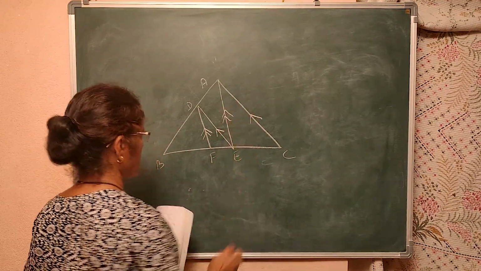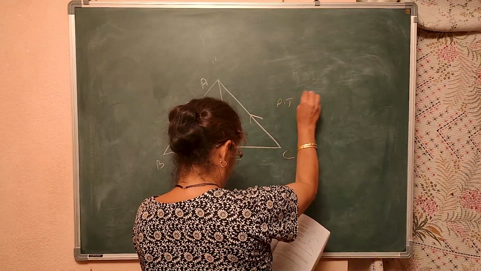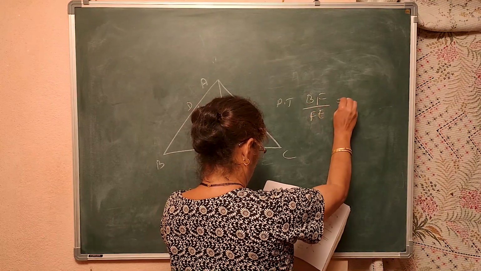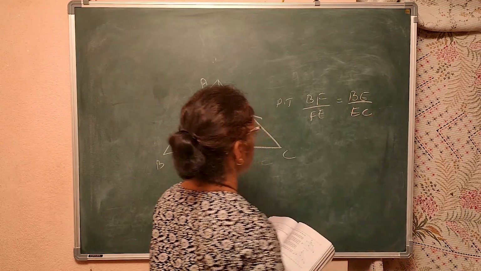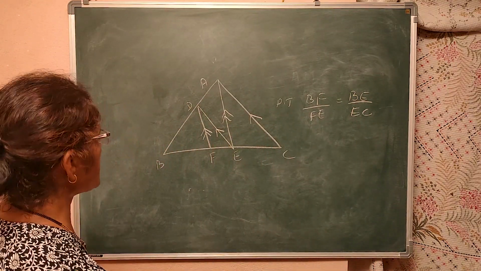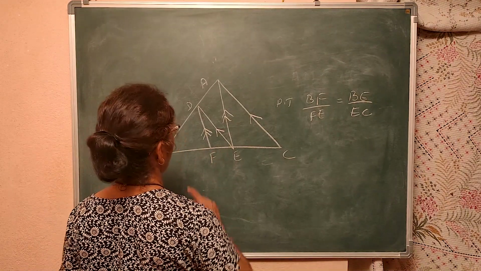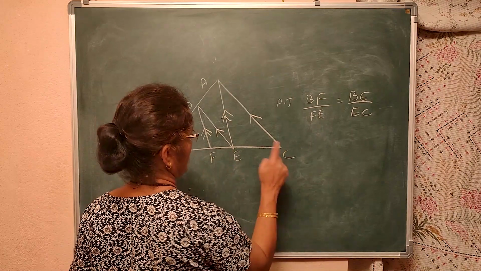And what have they asked? To prove that BF by FE is equal to BE by EC. Now let us come back. Where is BF? BF by FE is here. Where is BE? BE by EC.